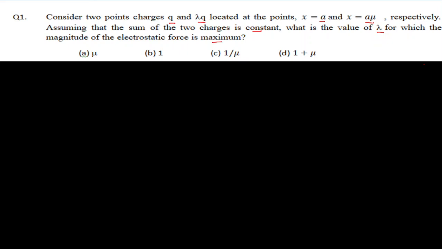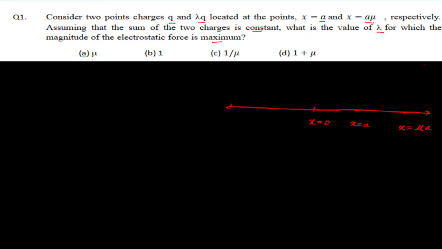Okay, so let me draw a figure first. Let's say this is our x-axis and this point is x equals 0. Now consider 2 points, x equals a and x equals mu times a.